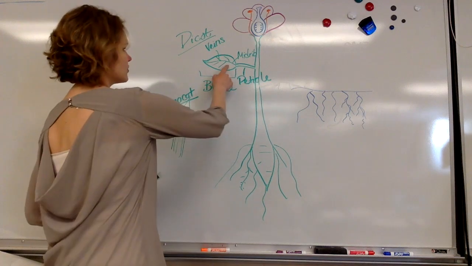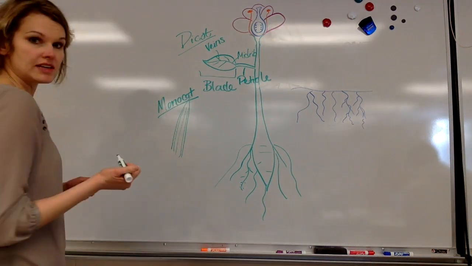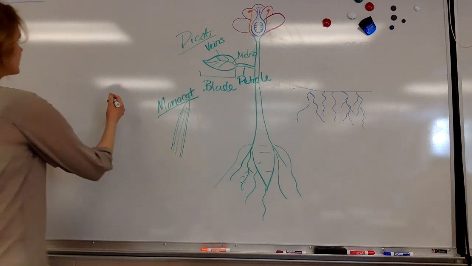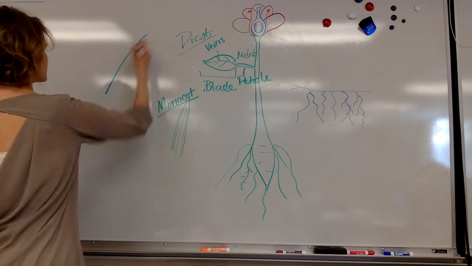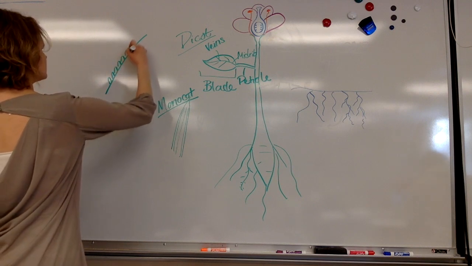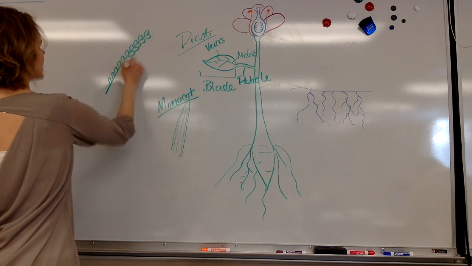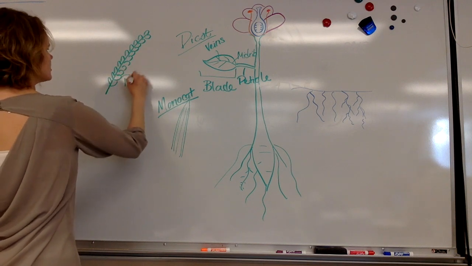Now we also have different types of leaves. This is a simple leaf. We have compound leaves as well. Compound leaves come in different forms. We have pinnate, which is kind of like your ferns.